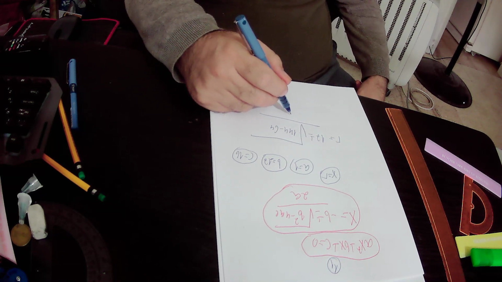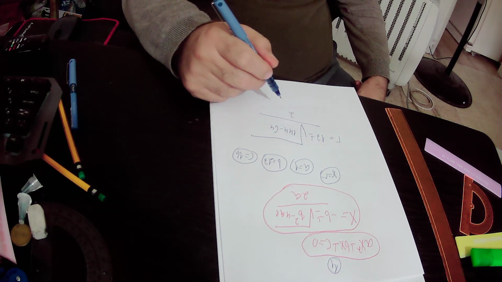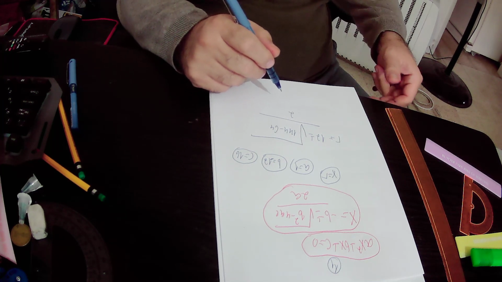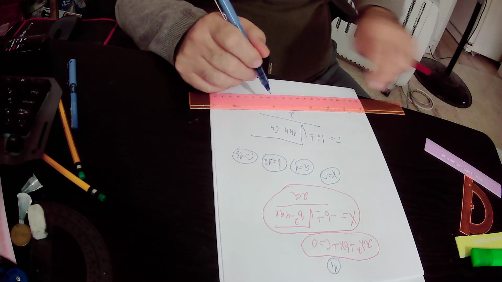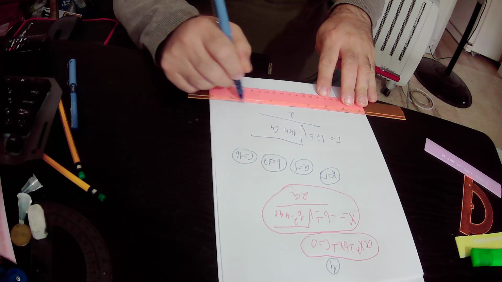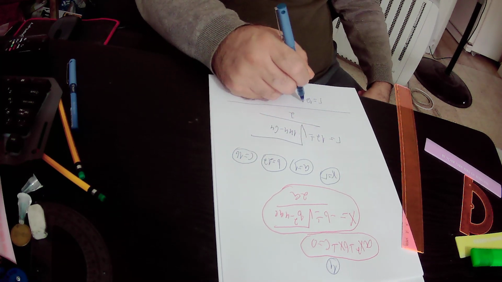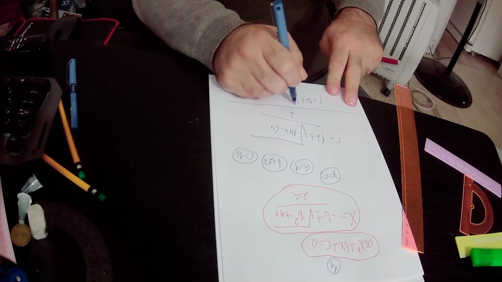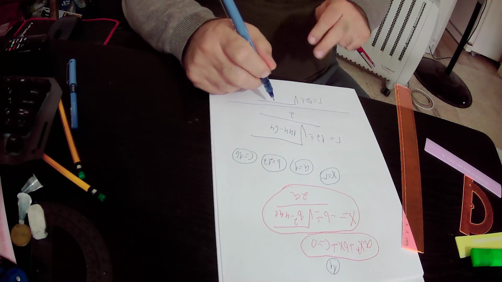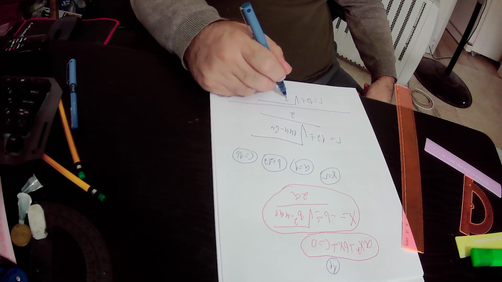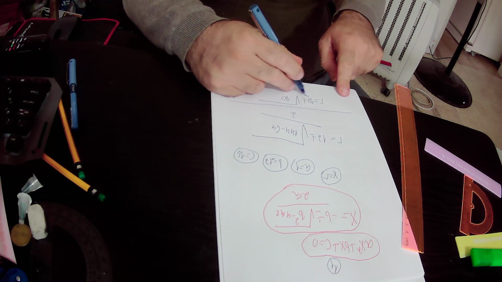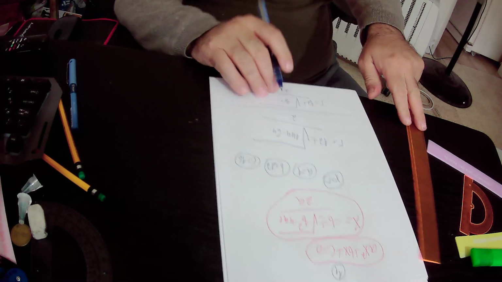all divided by 2 times 1, which is 2. So r equals 12 plus minus the root of 144 minus 64, which is 80, over 2.